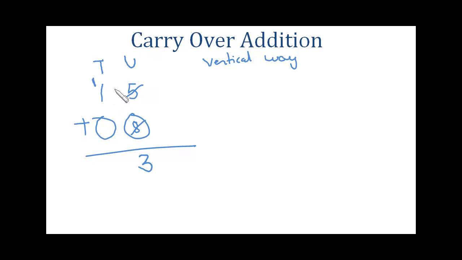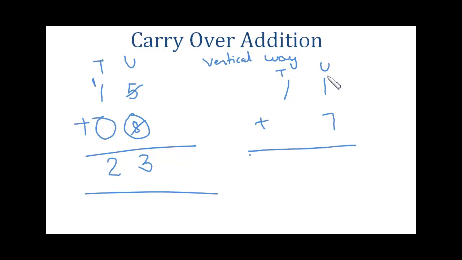Now we'll add 1 plus 1, that equals 2. So 15 plus 8 equals 23. Okay, now suppose we have 11 plus 7. Now there will be no carryover in this. This is tens, this is units. Now 1 plus 7, that is 8, and 1 as it is. Right? This is very easy.